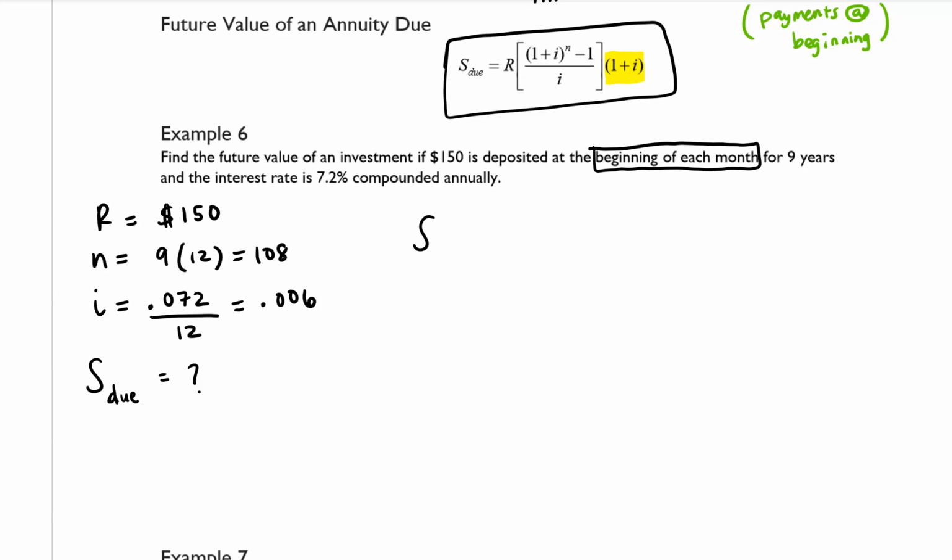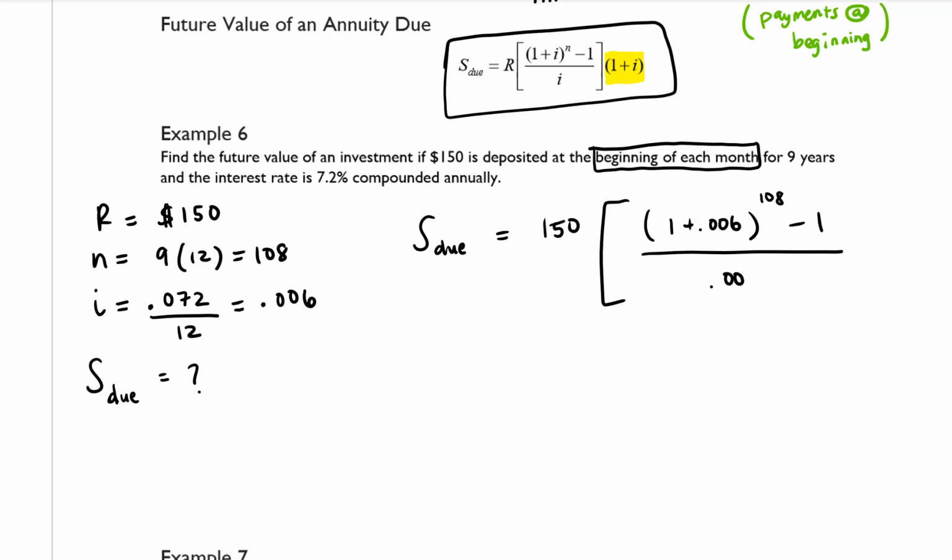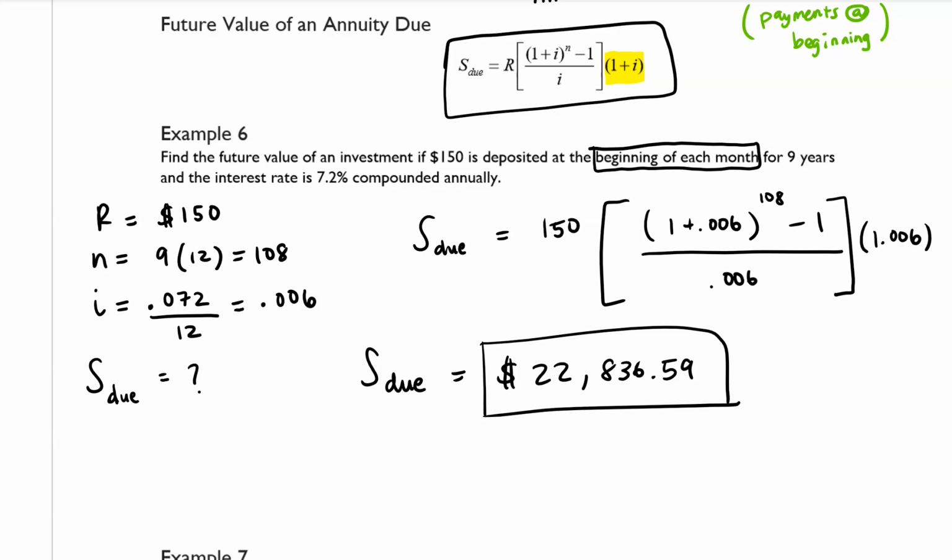Okay, so S sub due is equal to 150 times 1 plus 0.006 to the power of 108 minus 1 all over 0.006, and then we want to multiply that by 1 plus 0.006, which is 1.006. Okay, and if we throw that into our calculator, you should get that the future value is approximately $22,836.59.